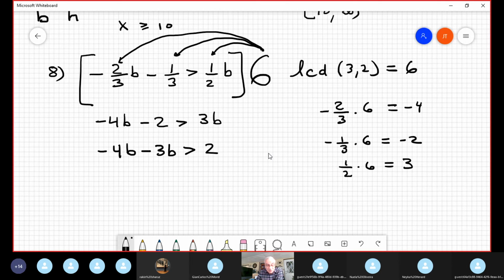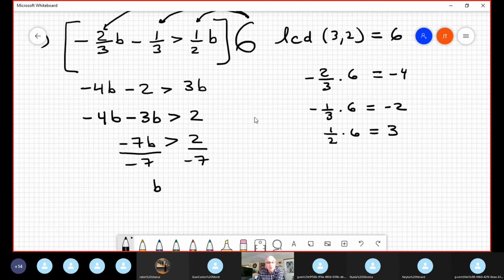This is the correct manipulation. If you put b on the right, you are in trouble. Now we combine: minus 7b greater than 2. Finally, divide by minus 7 both sides. b alone is less than, reverse it, flip the inequality, negative 2/7.